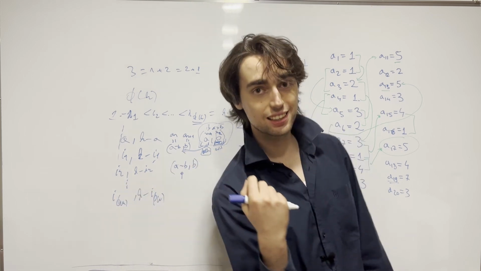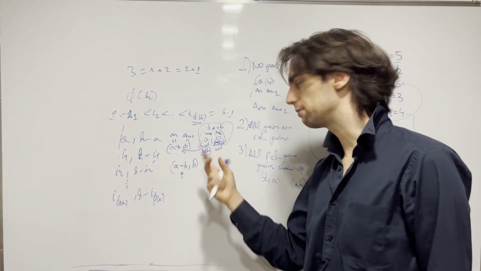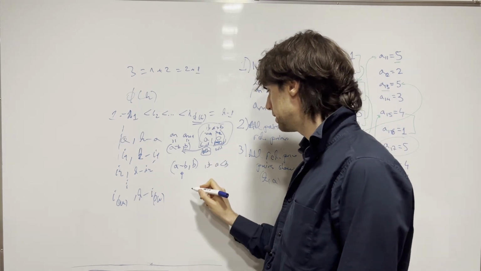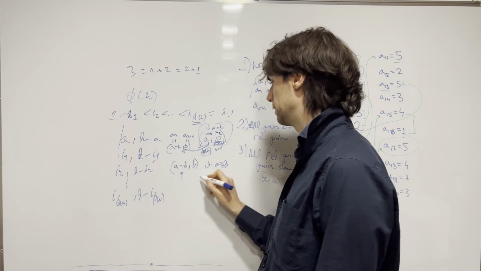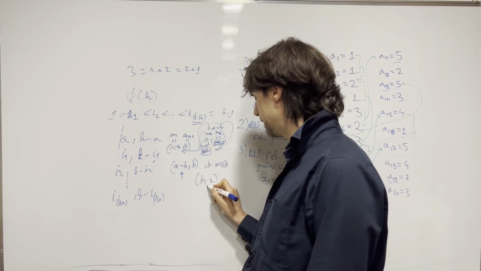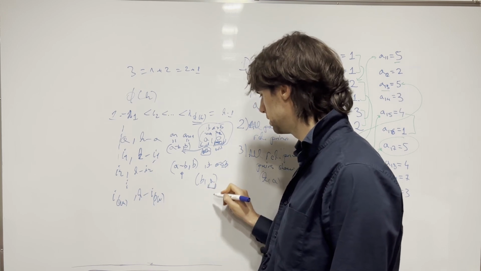And now what does this tell us? Well, pick the pair, and mind you, if the opposite is true, if A is less than B, then, okay, let's make A greater than B, and if the pair was B, A, then what is this going to be?